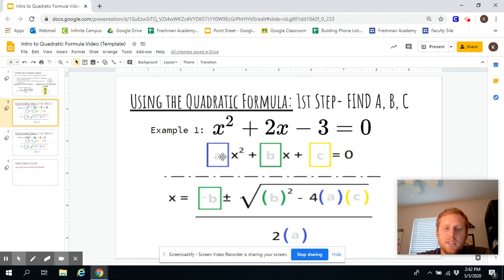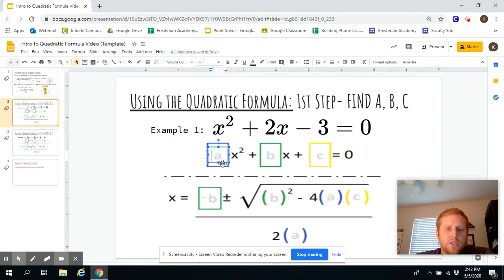So we're going to use this template that we've used over the past years that's color coded. So it should help you out some. If we're trying to find a, the a is beside the x squared. That's the coefficient, the number in front of the x squared. Well, there's nothing there. But we know if there's nothing there in front of a variable, it's always 1. So we find 1 is our a.